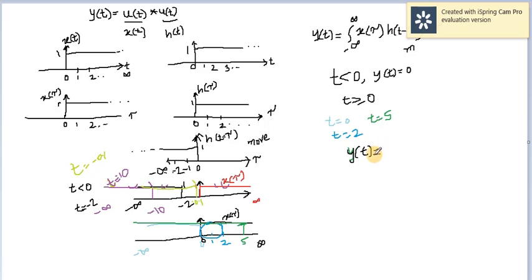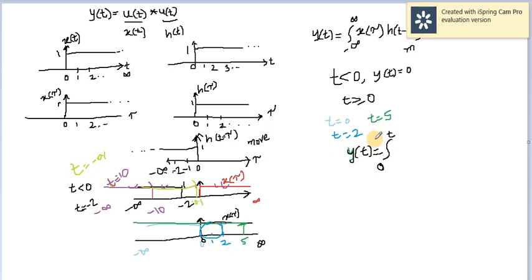The lower and upper limits indicate the starting and ending points of convolution. Convolution begins from 0, and if t is equal to 2, then from 0 to 2 is the convolution region or overlapping region. If t is equal to 5, 0 to 5. If t is 0, 0 is the only place at which multiplication is possible. So the limits of our integration would be from 0 to t, whatever the value of t, because our solution has to be general.